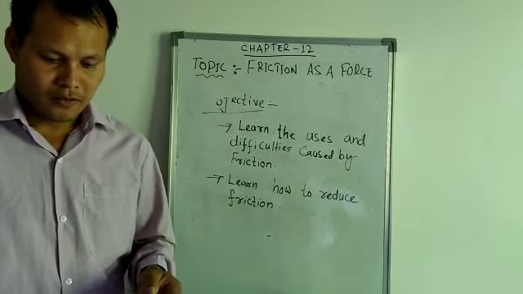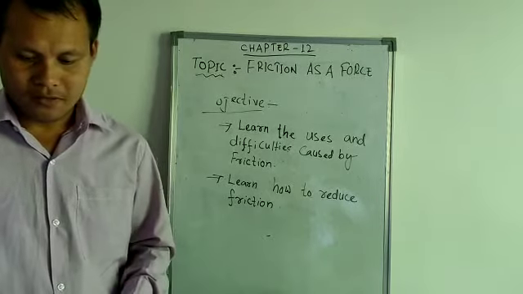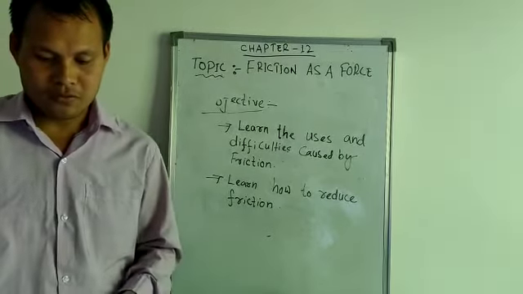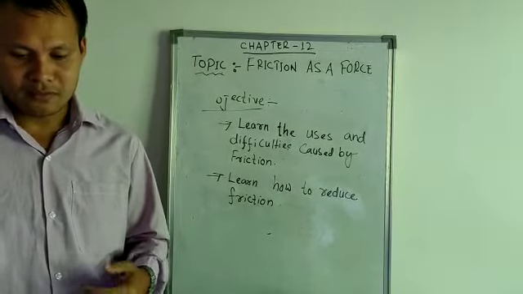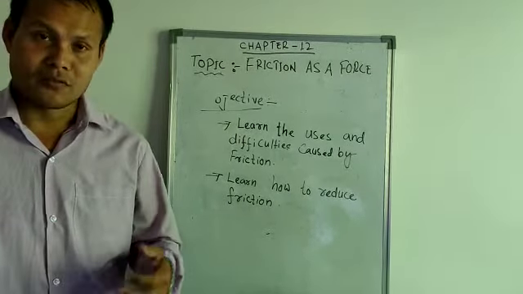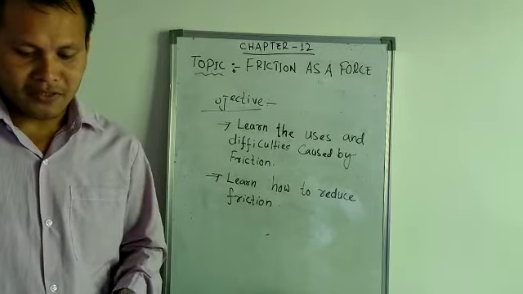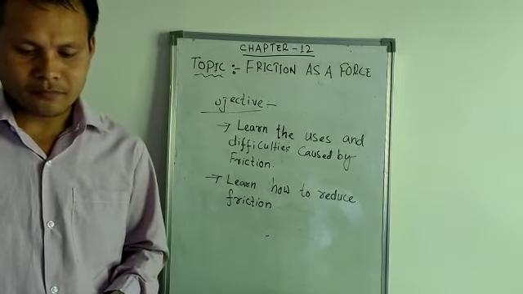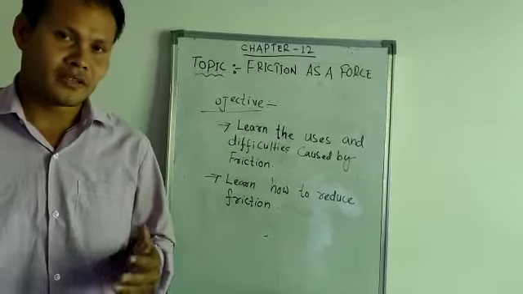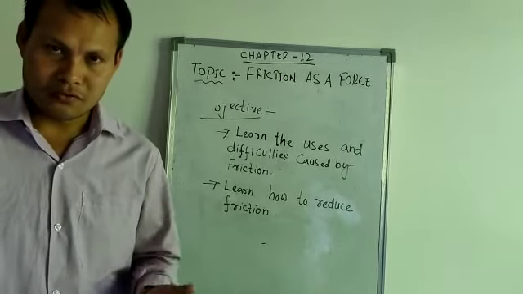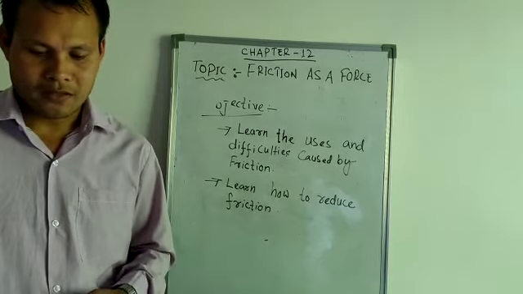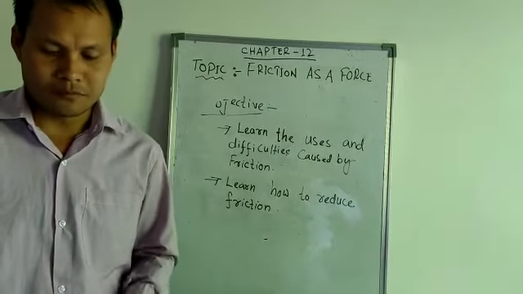In order to reduce the friction, we need to make the surface smooth, apply lubricants, which means lubrication is very much needed, and make the objects streamlined. It is good to reduce friction between surfaces, and this makes the movement easier. If there is too much friction, the machine won't move. So that is why sometimes we need to reduce the friction.